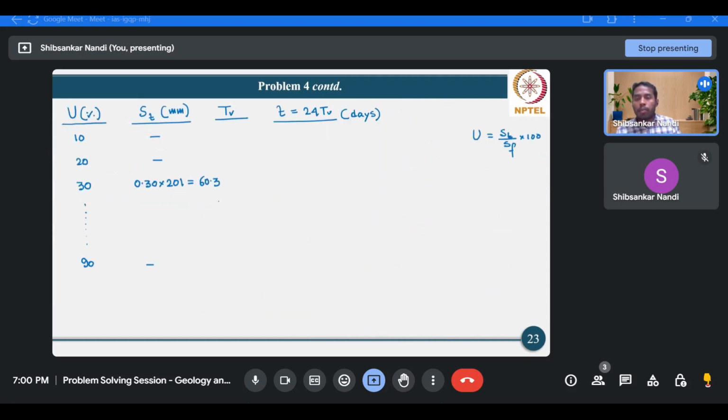Now what is the TV value corresponding to this 30%? So it's 5 by 4 into 0.3 square. So 5 into 0.3 square by 4. So it's 0.071.